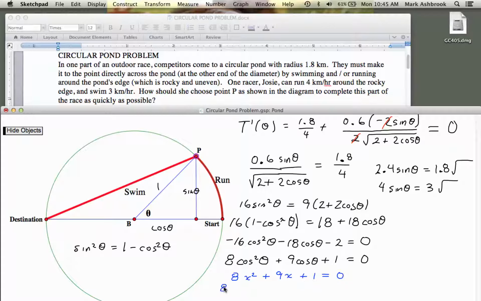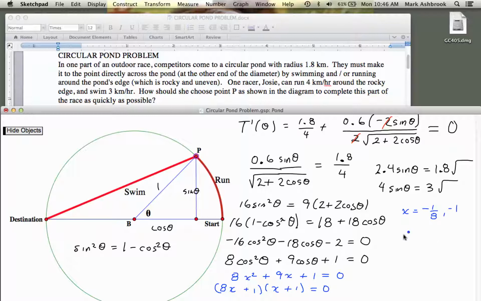And so this factors as 8x plus 1 times x plus 1. So then x is negative 1/8 or negative 1.